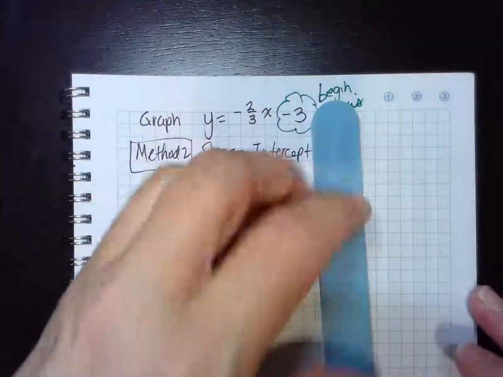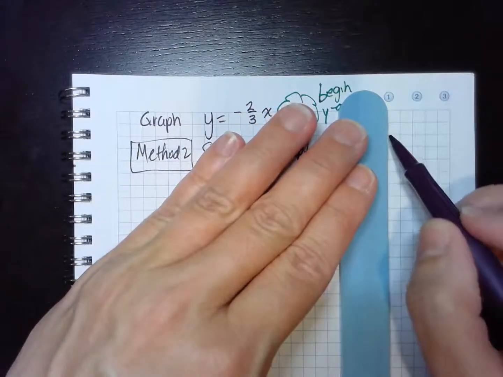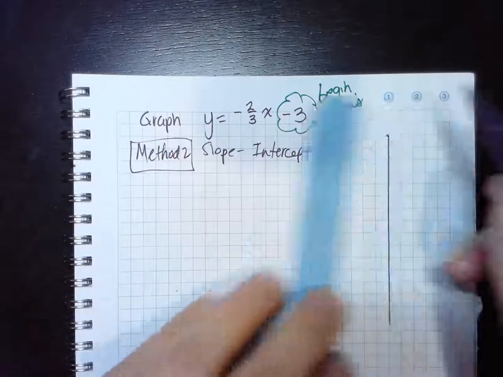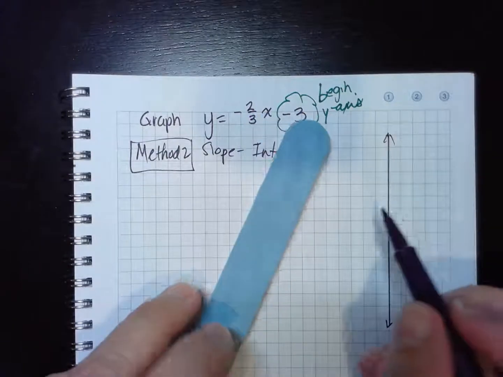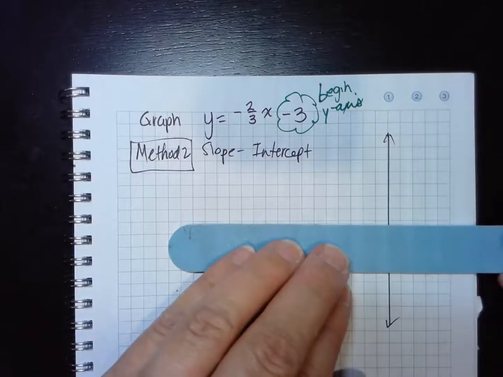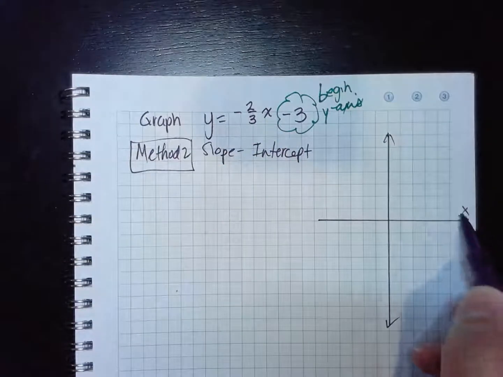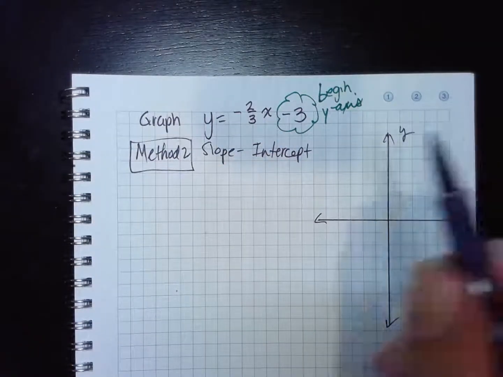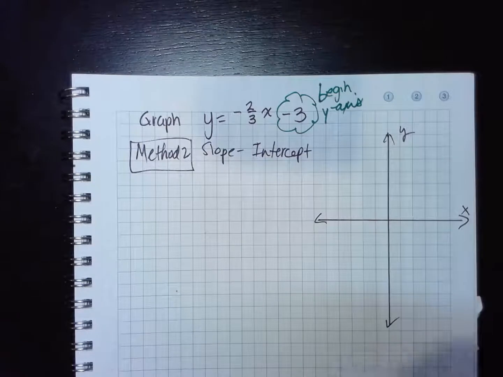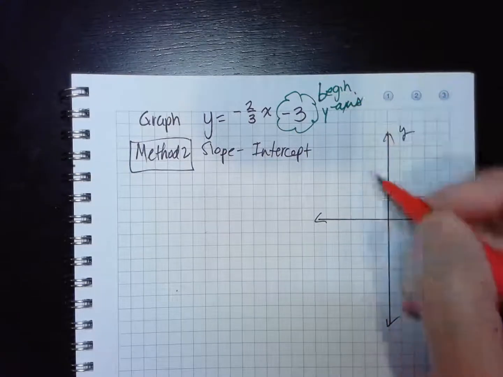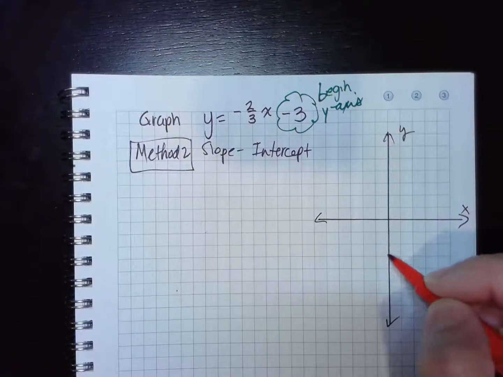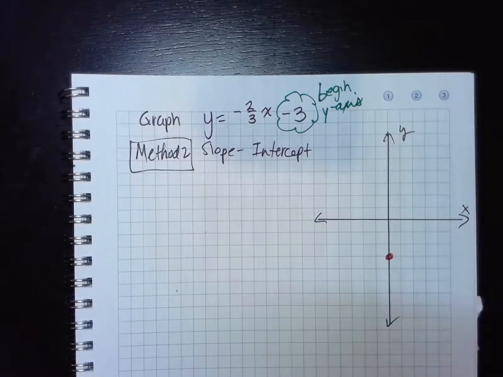So let's draw our coordinate plane. So here's my x-axis, here's my y-axis. So I'm supposed to begin at -3 on the y. So down 1, 2, 3, there it is. Okay, so there's my b.